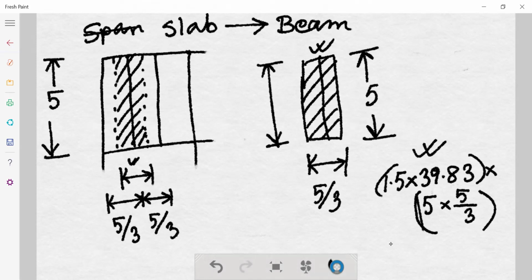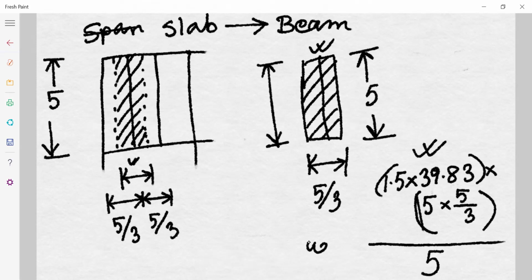Now if I want to convert it into UDL, I divide it with the span of the beam. Span is 5. So ultimately this will be the UDL on the beam.